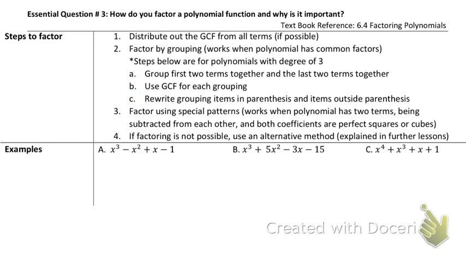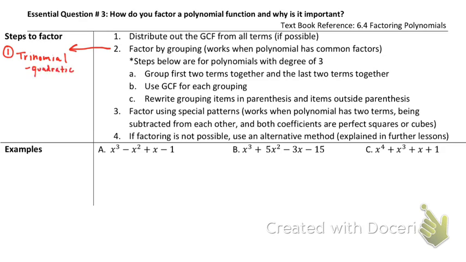So let's start with an example A. Factor by grouping will work on 2 types of problems. The first problem it's going to work on is a trinomial that's a quadratic, okay, or quadratic pattern.